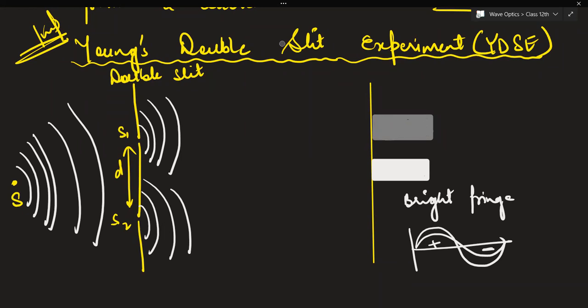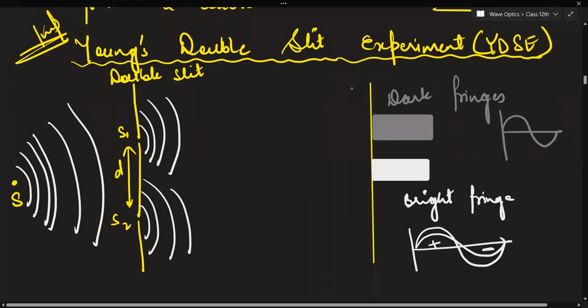Or at some places, you will be able to observe the formation of dark fringes. Yes, same phase because they are emitted from coherent sources. Correct, Sana. So dark fringes means what?